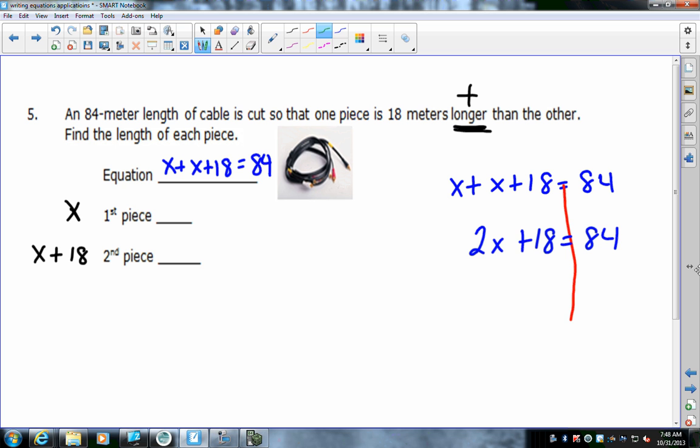We solve from here. Subtract 18 from each side. 2x equals 84 minus 18. What's 84 minus 18? 66.